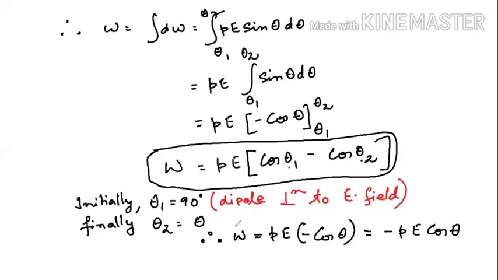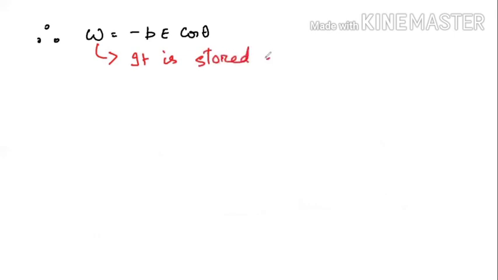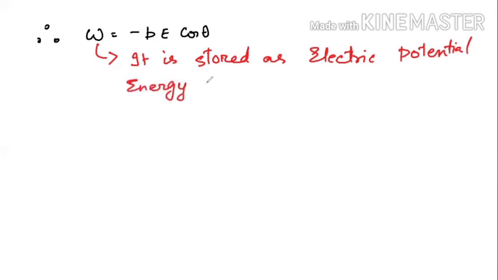Work has been done in rotating the dipole from a certain initial angle to a certain final angle. This work done is being stored as electric potential energy. Therefore, the work done is nothing but minus pE cos theta, and it is stored as electric potential energy in a uniform electric field.